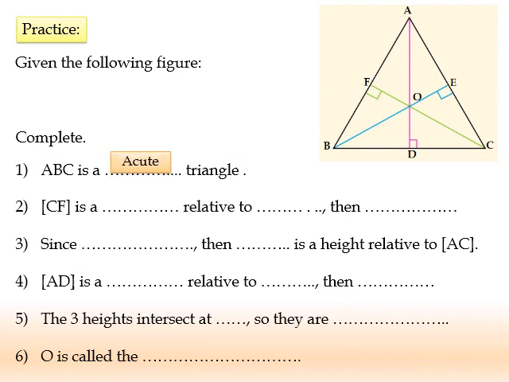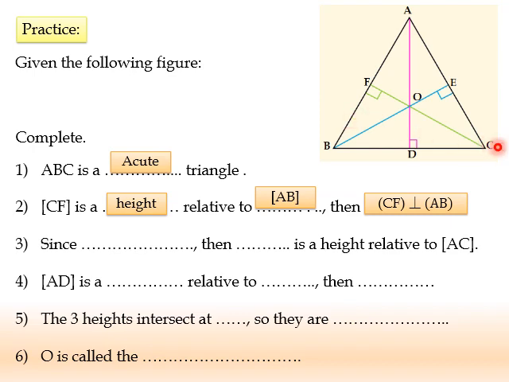Now, given the following figure, ABC, it has three acute angles, so it's an acute triangle. CF is drawn perpendicular to AB. It's issued from C perpendicular to AB, so it's a height relative to AB.